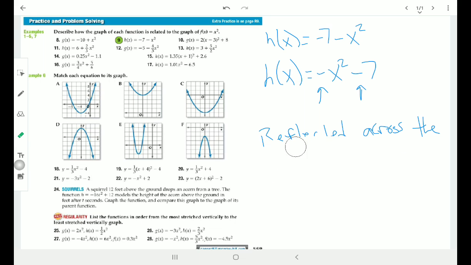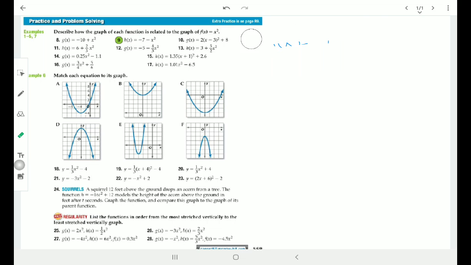Now, if you had something like number 10, where we're kind of throwing everything at you now. So on number 10, we have g of x equals 2 times (x minus 3) squared plus 8. Now, we got a lot going on, so we have to really take each part into consideration. Okay.